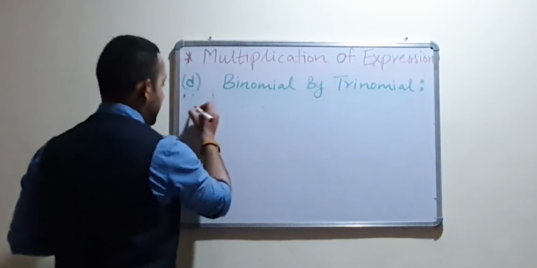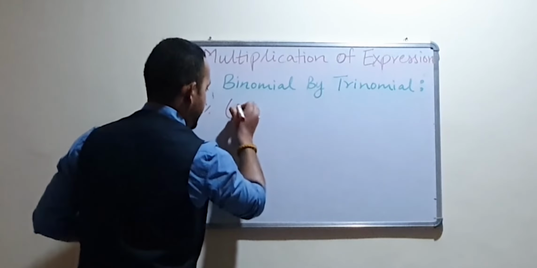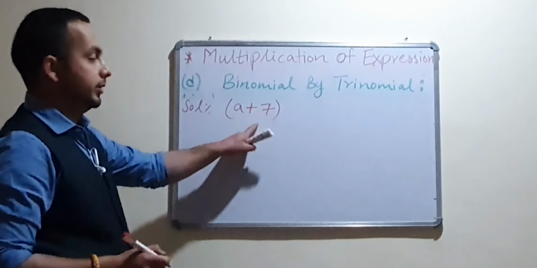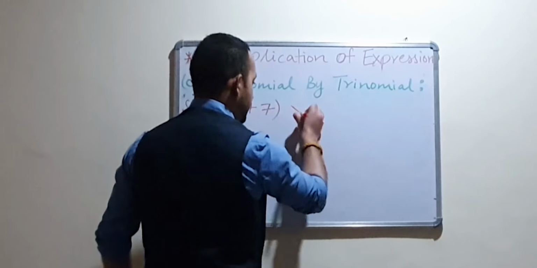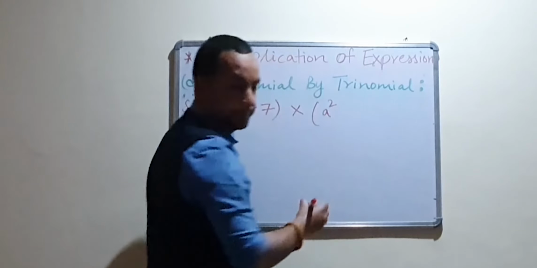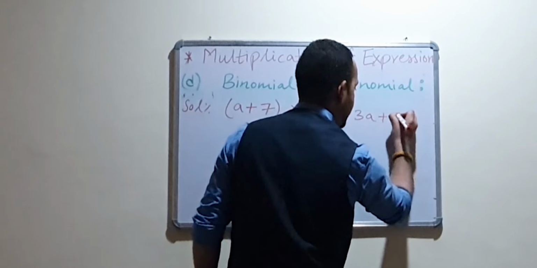Suppose I take an example: a plus 7. This is a binomial, right? Multiply by a trinomial: a square plus 3a plus 5.